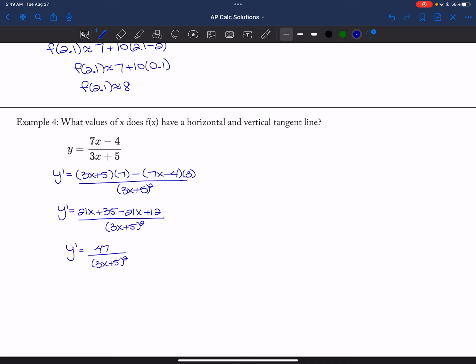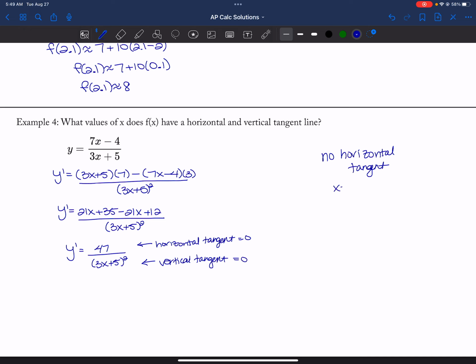Okay, so whatever is in the numerator is my horizontal tangent when I set it equal to 0 and solve. But 47 doesn't have an x next to it, so there's no horizontal tangent because I can't set the numerator equal to 0 and solve for x. But my denominator is where my vertical tangent is, and I set that equal to 0.